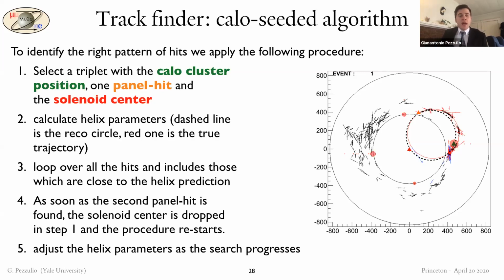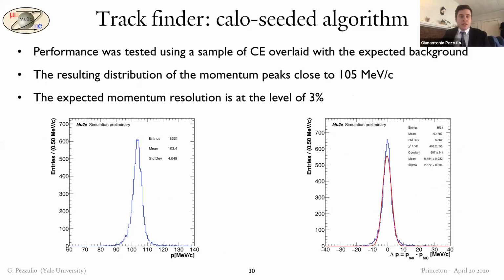As soon as we have a second panel hit added into our bucket, we reevaluate the helix parameters, correct them, and start the procedure again, and we keep going by adding all the hits that we find by extrapolating the helix into all the tracking planes up to the end.